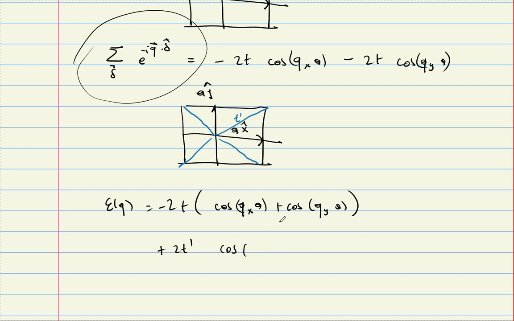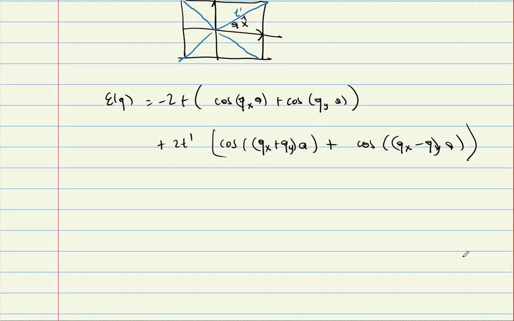Maybe let me give you the answer, you can write it yourself. This is going to be cosine of qx plus qy times a, plus cosine of qx minus qy times a. And this is many parentheses, but sorry about that. If you want, you can take longer and longer neighbors. We are not going to do that.